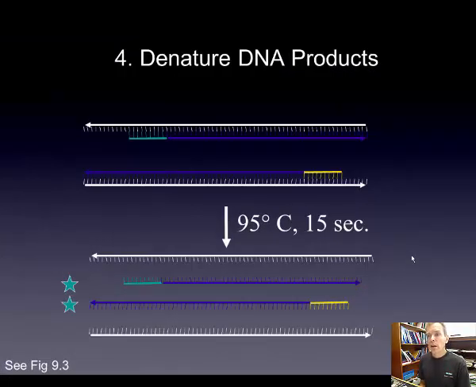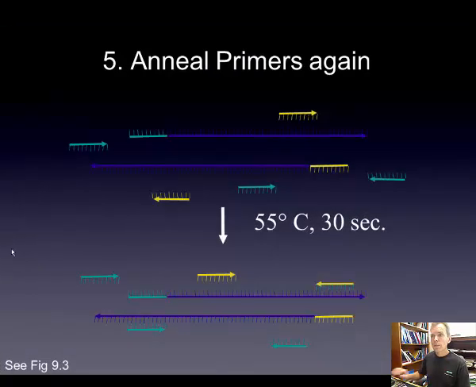These products that have now been generated will be denatured again, as shown here. So you've gone from 1 template to now 2 templates. We've just doubled the amount of DNA that we have. In order to double again, we need to repeat the steps. So the DNA is denatured. Primers are bound, so we repeat the 55 degrees.